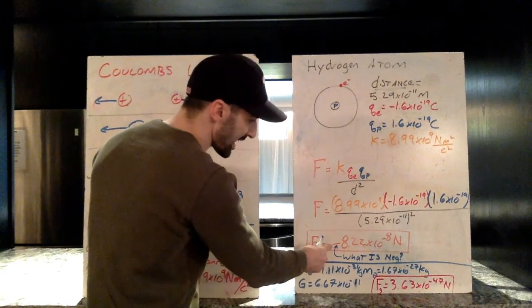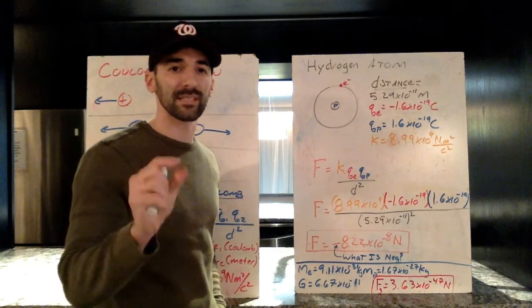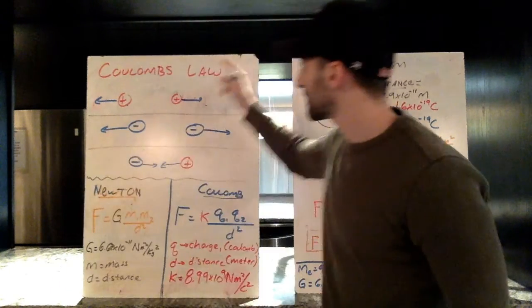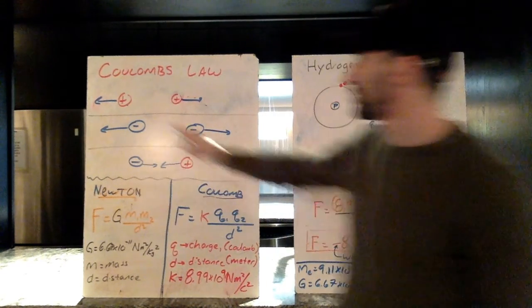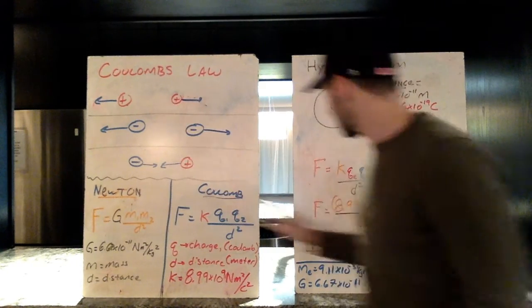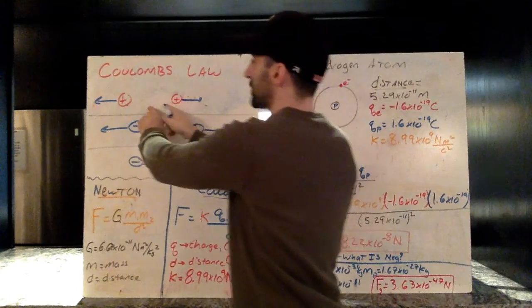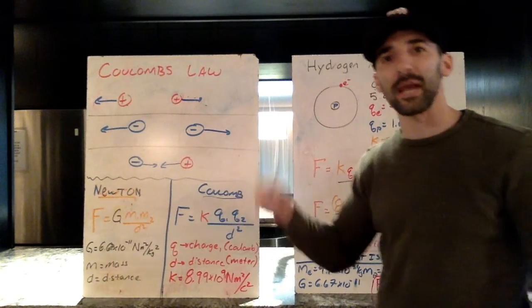Now, what's up with that negative sign? Before, negative told us a direction, but this time the negative tells us something a little bit different. If I go back to my picture, if I use Coulomb's law, Q1 times Q2, a positive times a positive comes out to be a positive, which means if my force is positive, those objects will repel each other. Same thing, a negative times a negative is a positive.